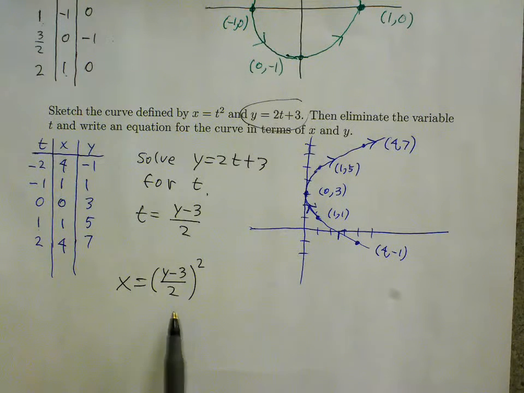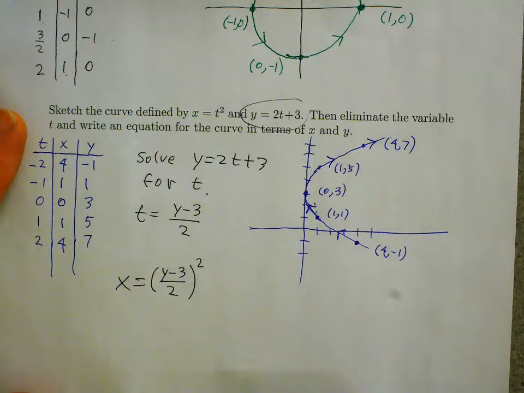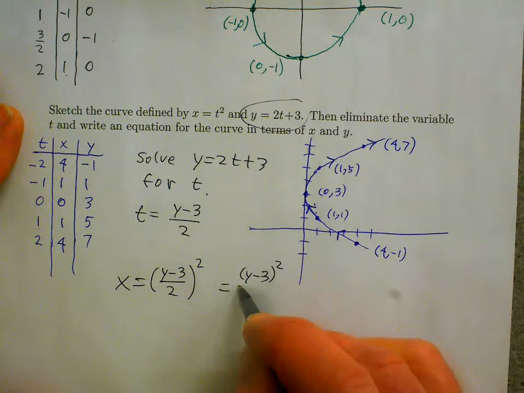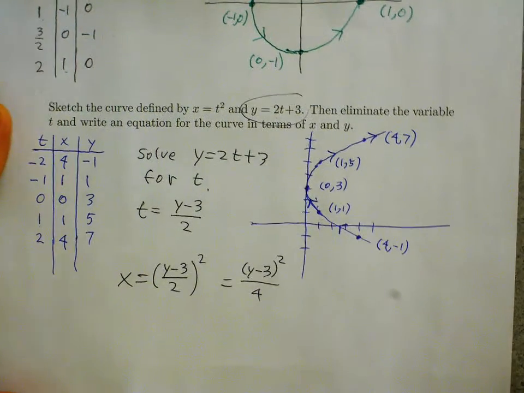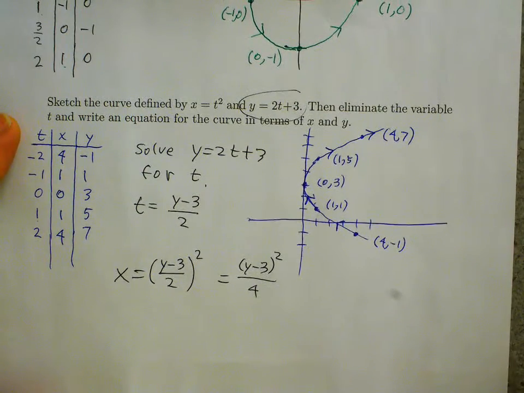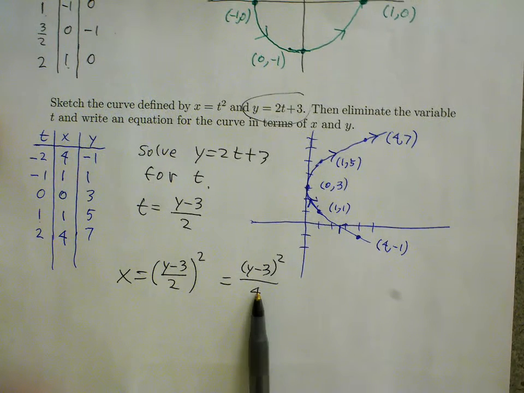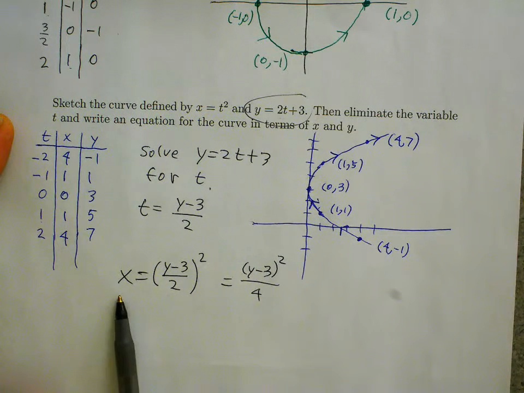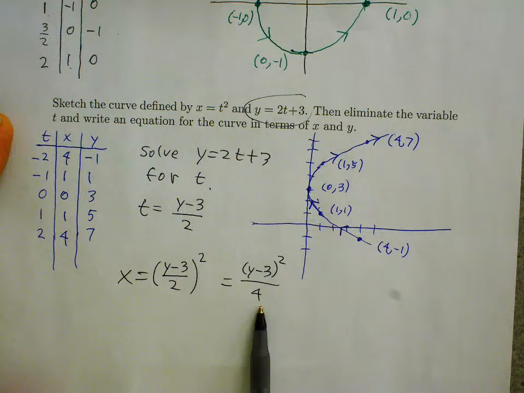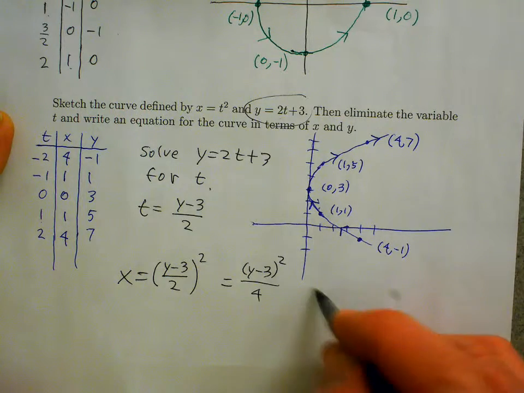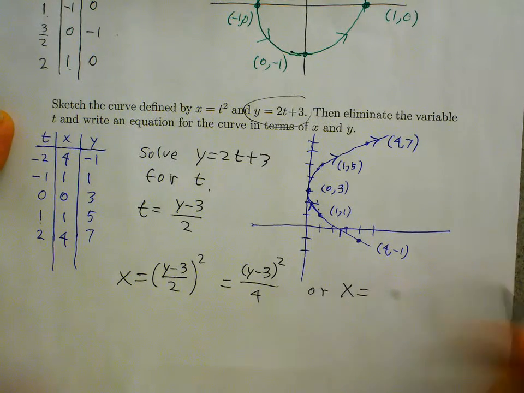So this is probably an okay equation, even as it is. We could write it as (y minus 3) squared over 4. But we know that this is a parabola. It's x is a degree 2 function of y. But you can multiply it out too if you want.